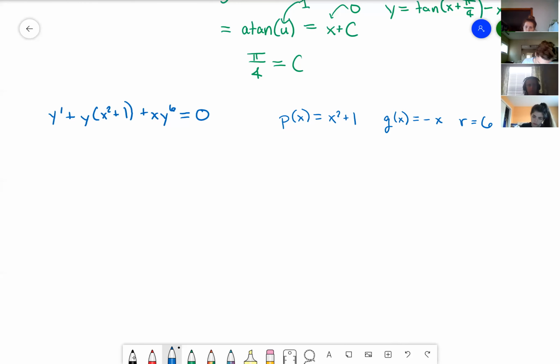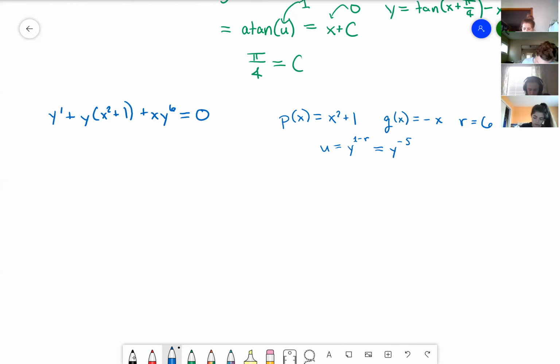So the substitution we decided we wanted to do for a Bernoulli equation was u equals y to the 1 minus r. So in this case, that will be y to the minus 5th. So what does that give us?